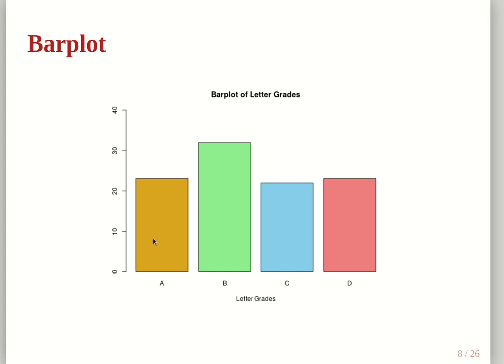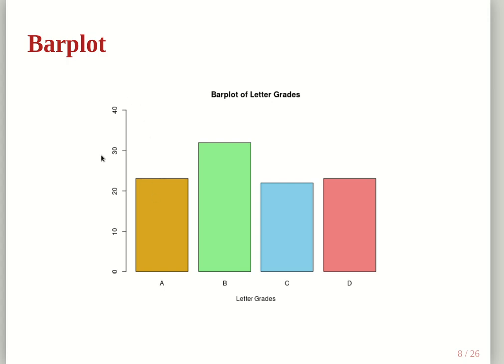But what's important here is that there's going to be this spacing to indicate that we do not necessarily assume that they are moving within a numerical continuum. So these are just counts of distinctive categories. And the height of each bar is going to tell us something about the frequency with which that particular category of response or categorical value was found.